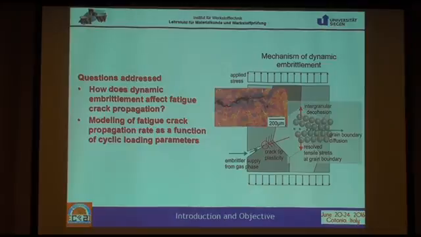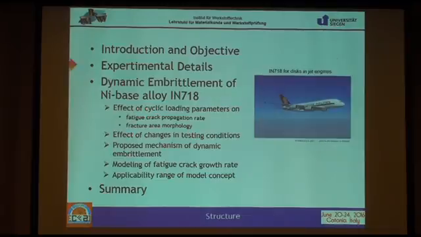So the question we wanted to address in our investigation was how does dynamic embrittlement affect fatigue crack propagation? And as I mentioned already, we tried to model this effect in order to predict fatigue life as a function of the loading parameters, which are very important in the context of dynamic embrittlement.